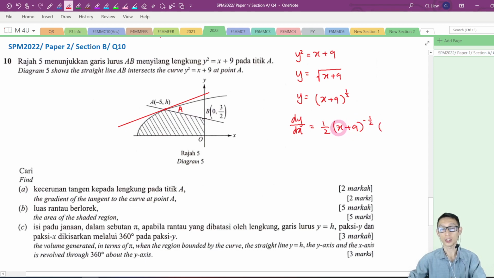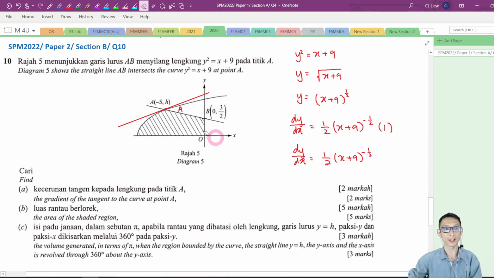If you differentiate x, you will get 1. Differentiate 9, you get 0. So dy by dx is equal to 1 over 2 times x plus 9 to the power of negative 1 over 2.